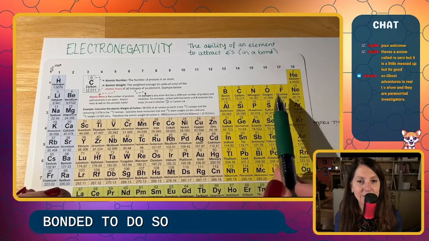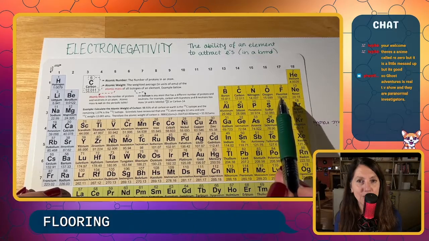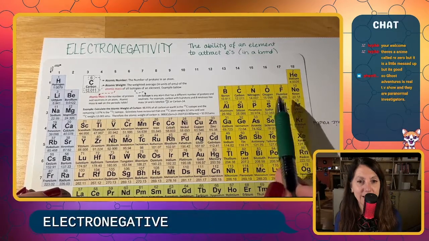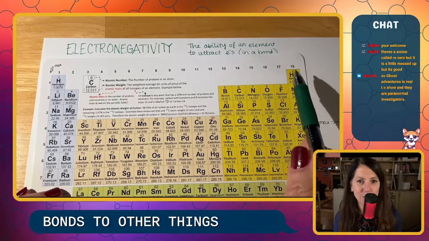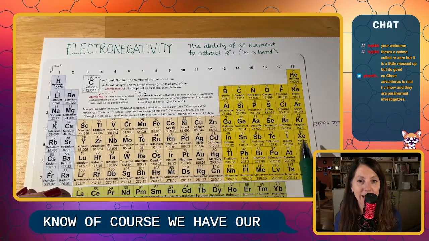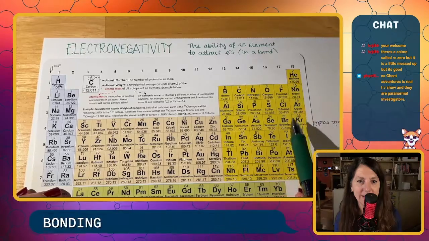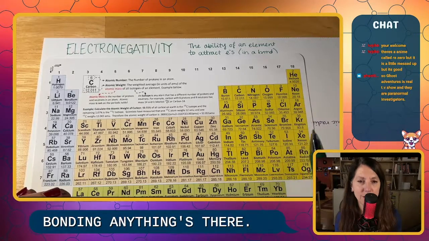So that's why fluorine is the most electronegative element on the periodic table that bonds to other things. You know, of course, we have our noble gases, but they're not bonding to anything because they're very stable on their own.